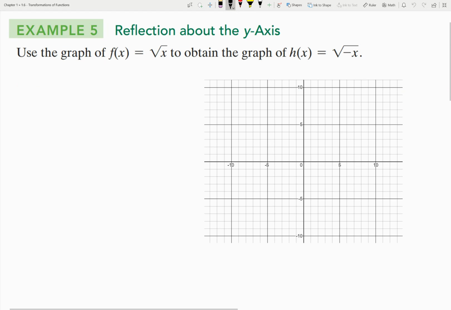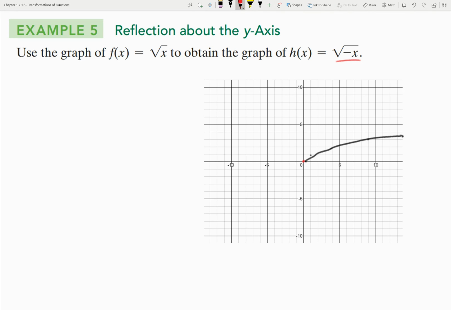Okay? So let's try this function. Notice where, well, let's graph the original. Here we go. There is my first function. We'll go with red here to graph the reflection across the y-axis.